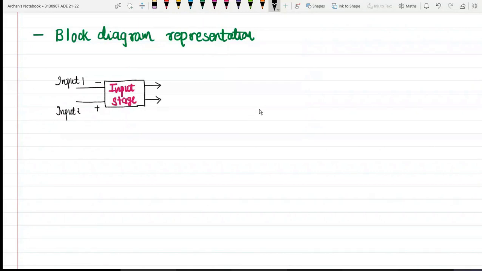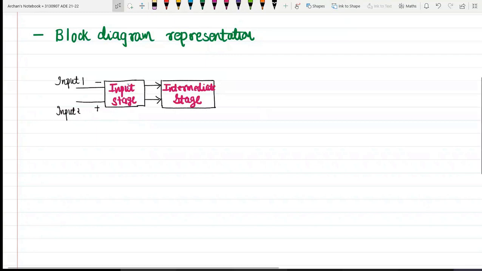This output voltage is further provided to one more stage, which is known as the intermediate stage. So here we get the second stage of the operational amplifier, which is the intermediate stage. The output of the input stage drives the next stage.